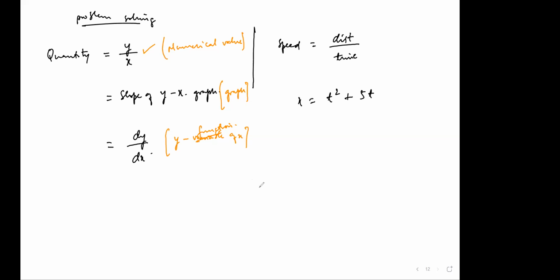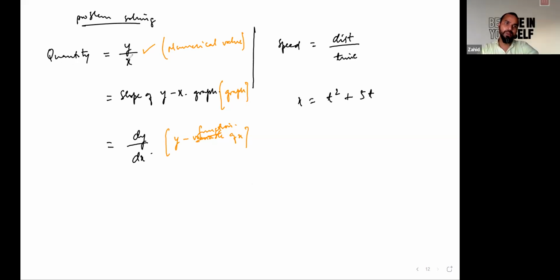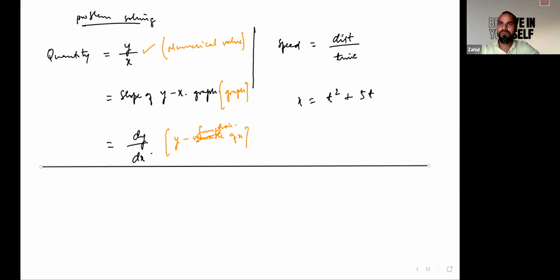Okay. Similarly, if quantity Q is related with y and x as the product of the two terms, let's say Q is related with the product X times Y. If they have given you numerical values, just put the values in this relation to obtain this quantity.